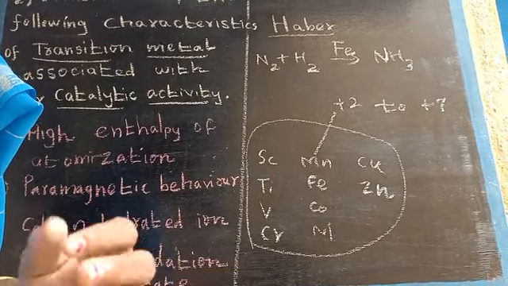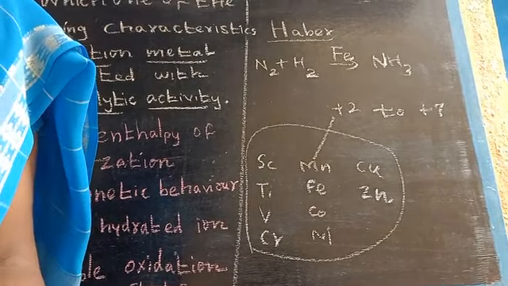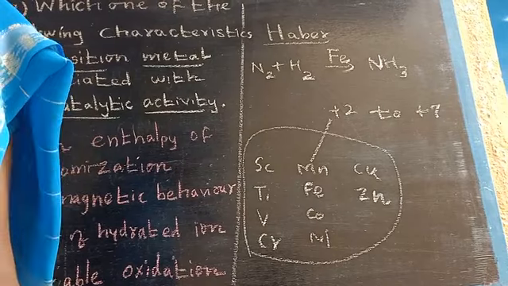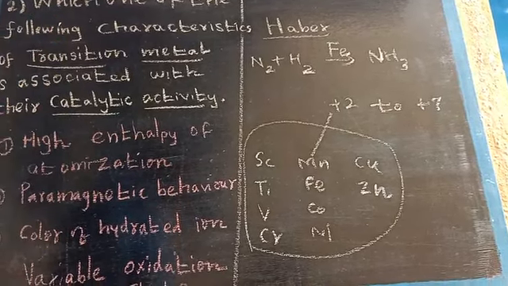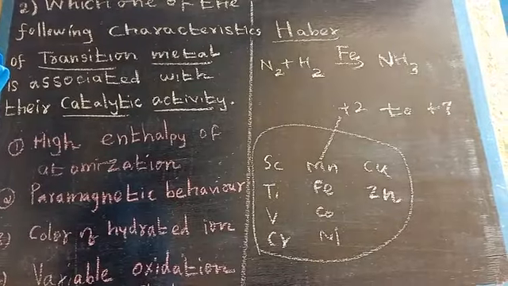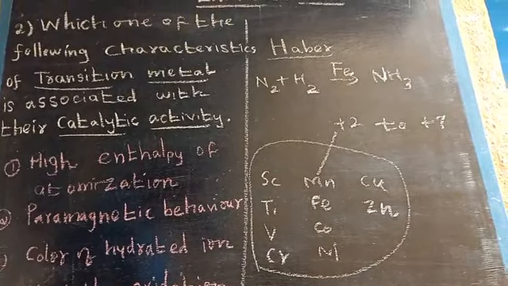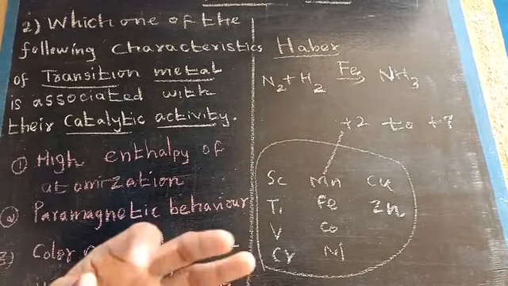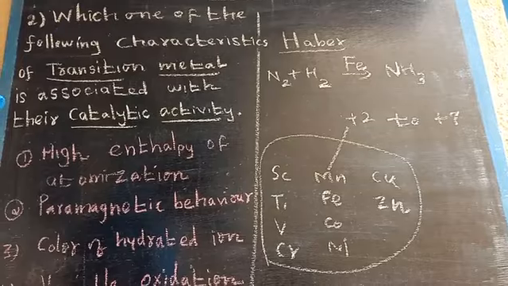Interstitial compounds can absorb and activate the reacting species. Such a character has the transition element, so the transition metal acts with catalytic property. This is the reason, studied in the theory part also.